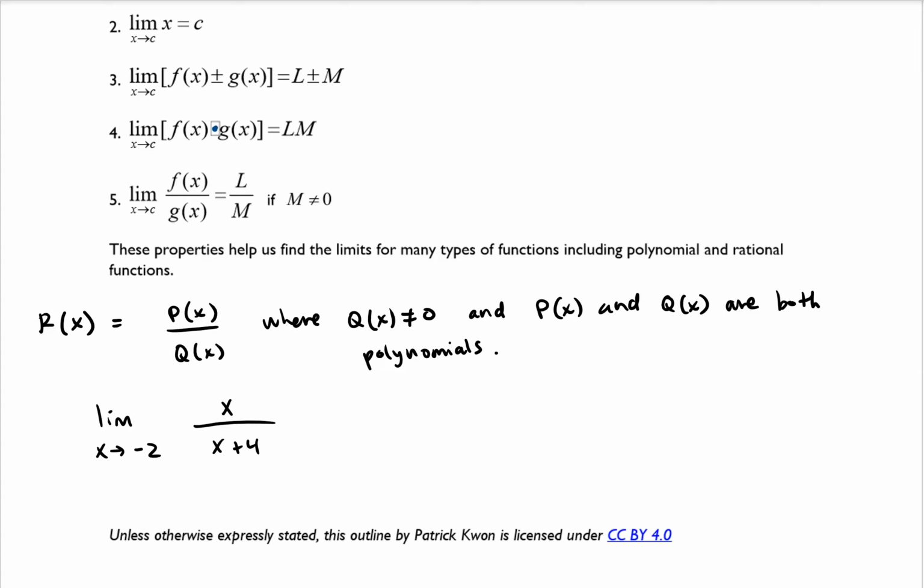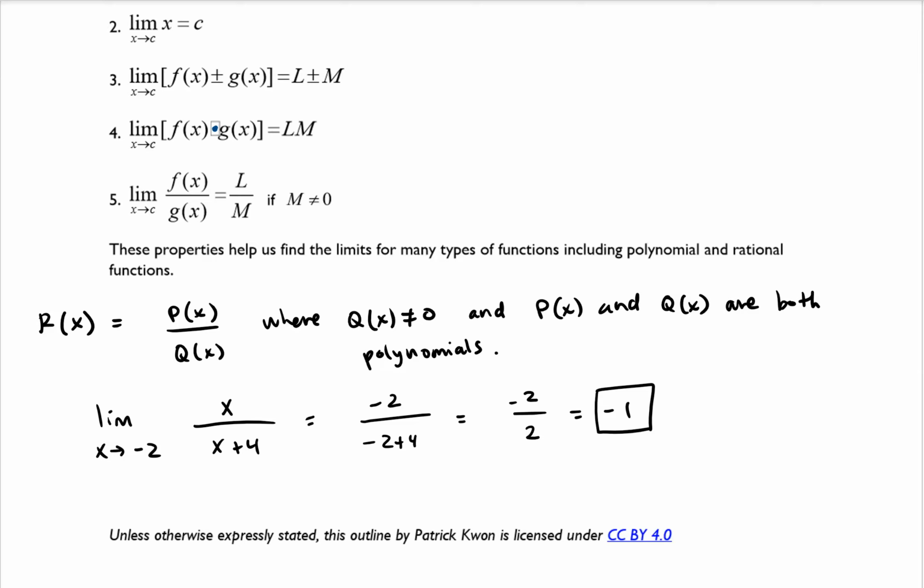If I were to plug in negative 2 into that function, it would not make the denominator 0, so I can just plug in negative 2 over negative 2 plus 4, which simplifies to negative 2 divided by positive 2, which equals negative 1. So that limit is equal to negative 1.